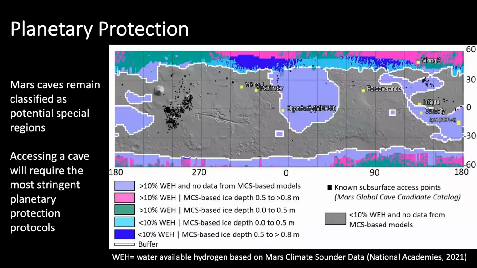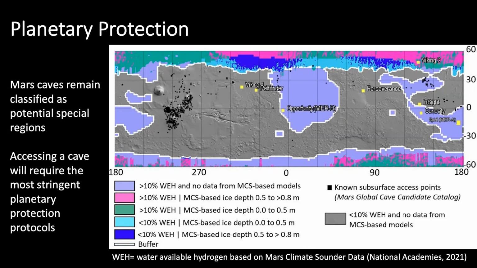And lastly, planetary caves are still classified as special regions. So this figure comes from a study where they were looking at, could we lower the planetary protection requirements for Mars missions in some places in order to reduce cost?